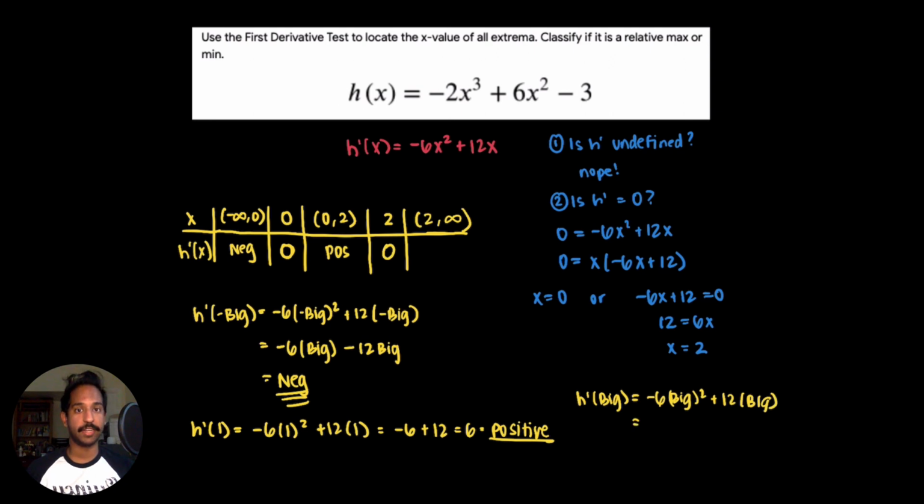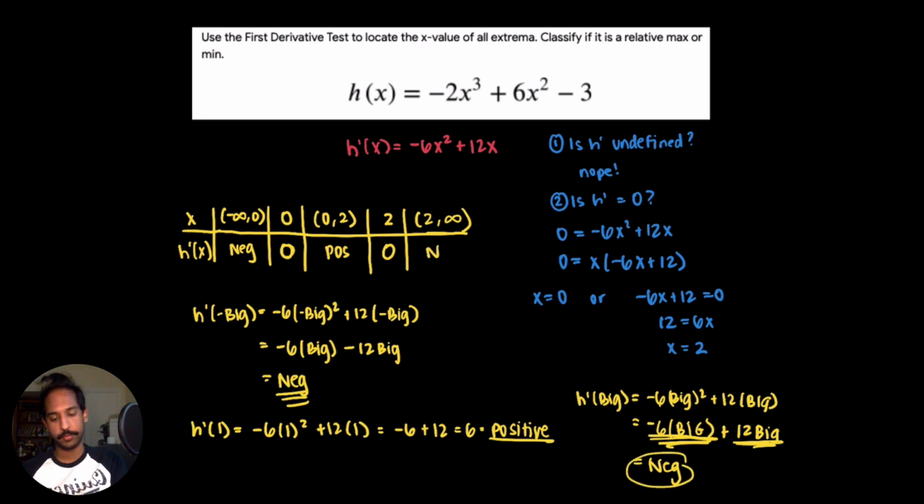Over here, this negative 6 times big squared, I'm going to write it in capitals because that big squared is much bigger than just big by itself. So because this negative is bigger in magnitude than this one, our final answer is going to be negative. Even though we're adding 12 times a big number, adding that is not as much as multiplying by this negative 6. So we end up with a negative value here.